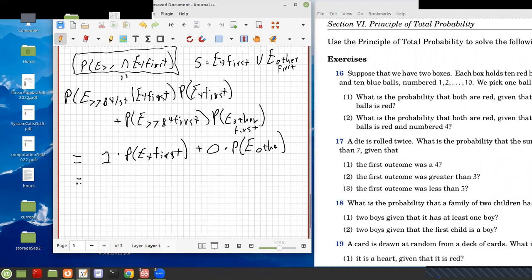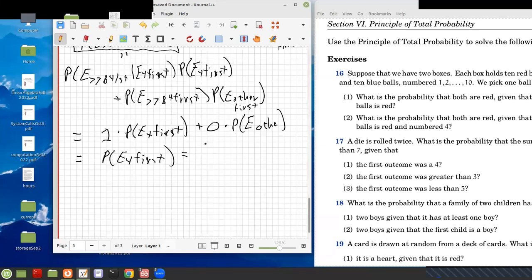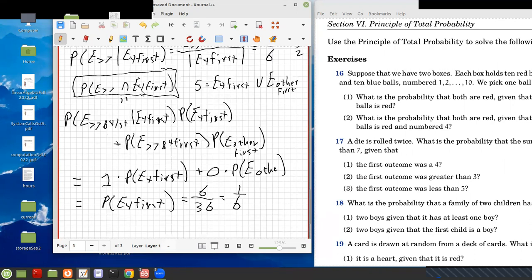And so this is going to equal just the probability that E 4 first occurs, which equals the number of elements where you have a 4 first, which is these 6 elements, divided by the sample space size of 36, which equals 1/6. And that gives you the probability of the intersection, 1 in 6, which is okay.